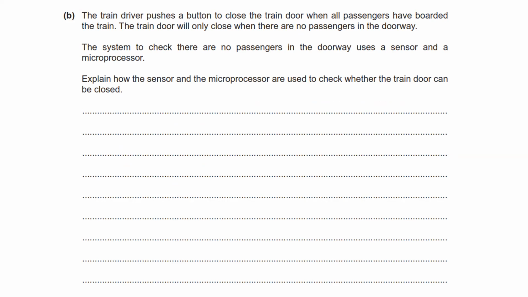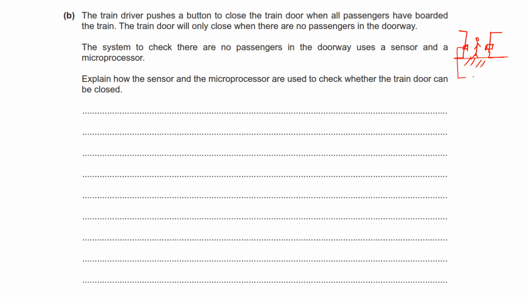Explain how a sensor and microprocessor are used to check whether the train door can be closed. So here, for example, this is a door of a train. This is my base, and there is a sensor, and there is a person standing. What is that sensor doing?